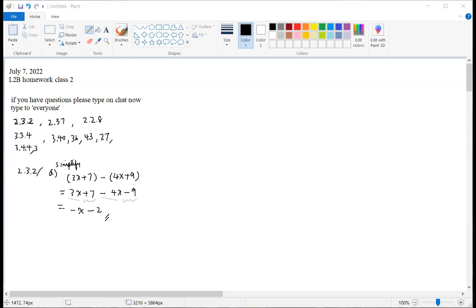Exactly, I see a 2.32 D. Anyway, so is this the one you are asking? No, there was one that was like 15z to the power of 5. Okay, tell me the question number. Okay, so I accidentally typed 2.3.2. It's actually 2.32, sorry. Yeah, exactly. So what was it again? Type it on chat. And then someone raise your hand. What do you want to say quickly?